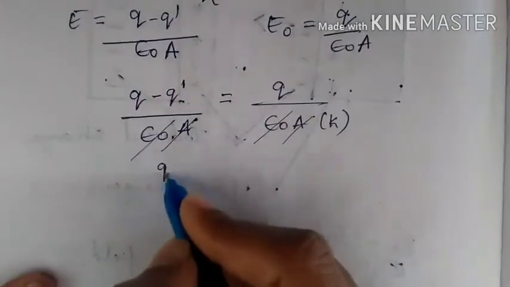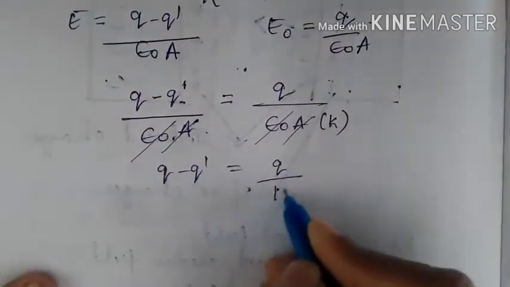What remains is Q minus Q prime is equal to Q by K.